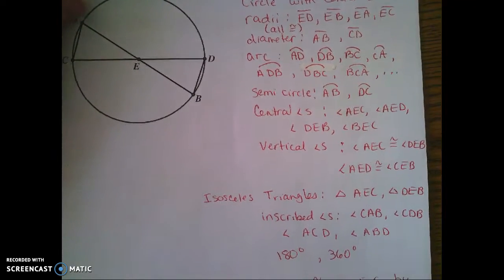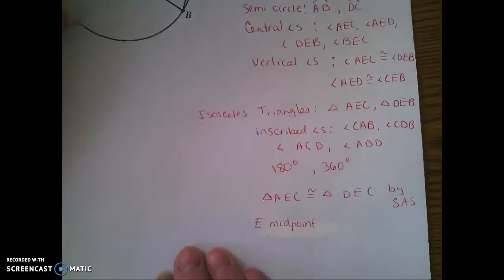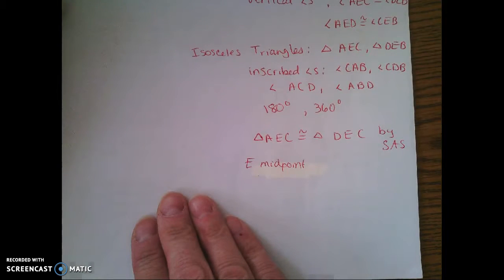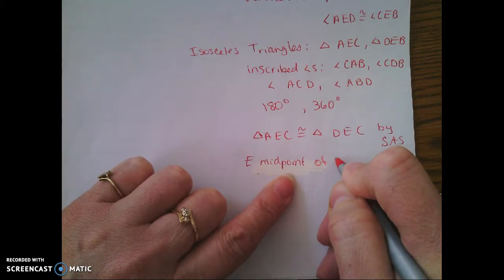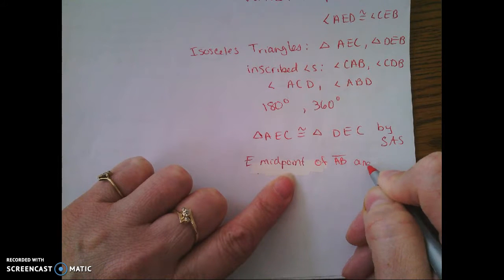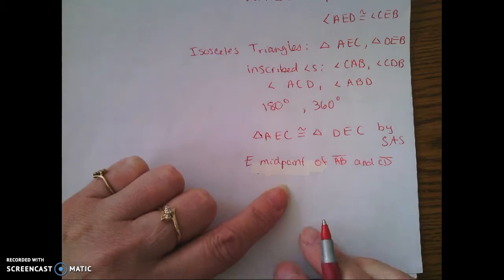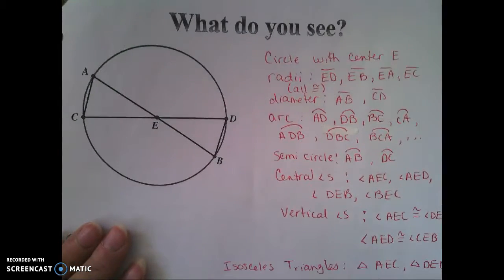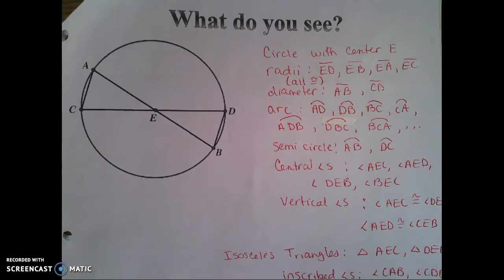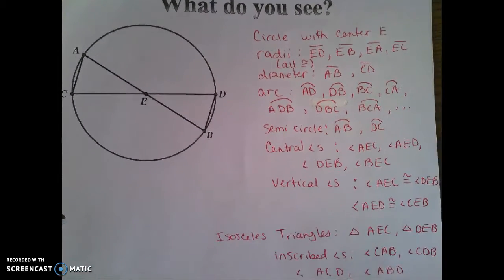All kinds of things. E is the midpoint of line segment AB and line segment CD. These are all conclusions you can make. All kinds of things in there. And these are all things you need to see. You need to train your brain to notice all these different items in there.